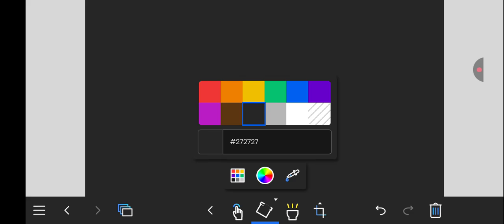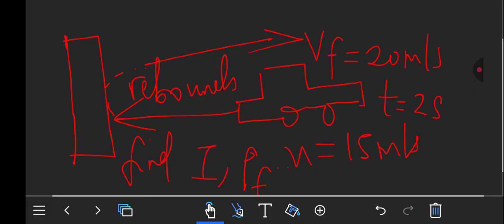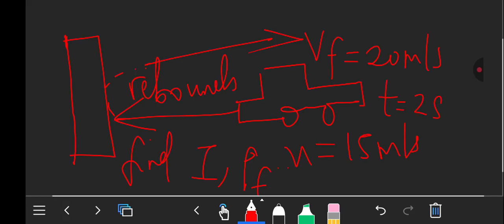Okay, so let's now calculate. The first thing we've been asked is to find the impulse. So impulse is equal to the change in momentum, right?